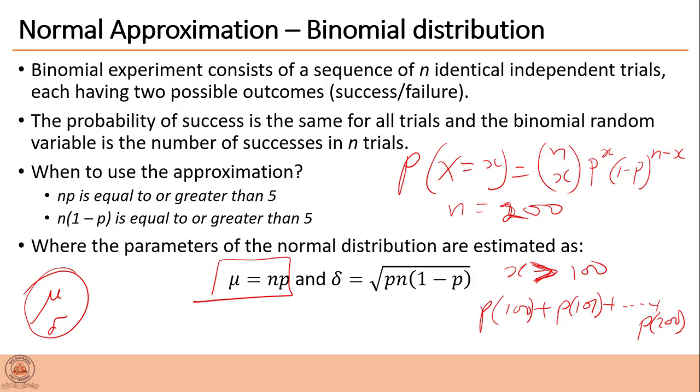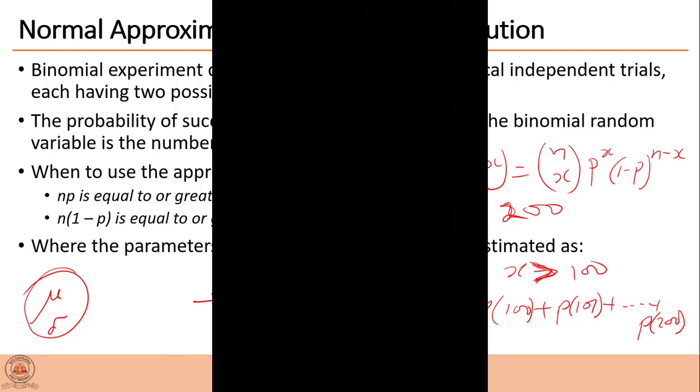Then the square root of the sample size multiplied by the probability of a success and multiplied by the probability of a failure. If you take the square root of that, that is equivalent to the standard deviation in the normal distribution function. So we use these approximations to get the answer for the probability value.